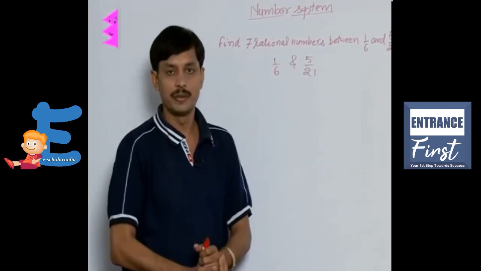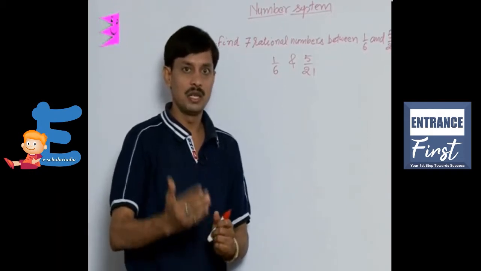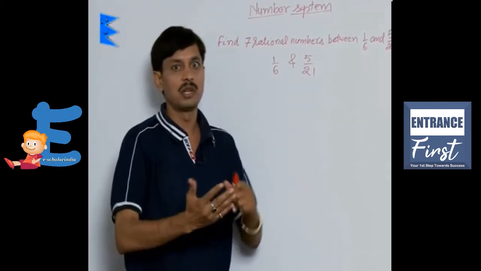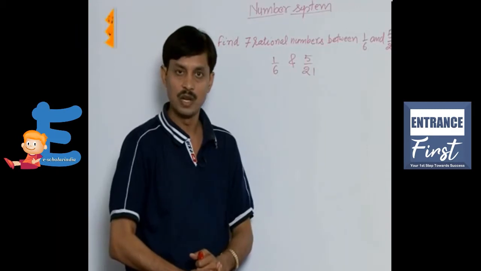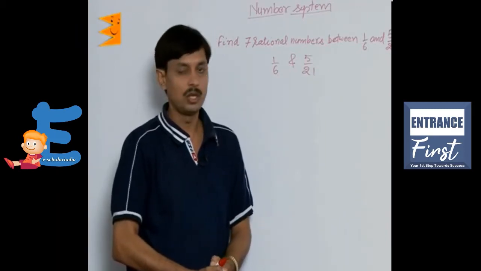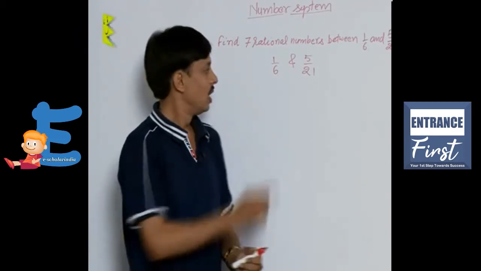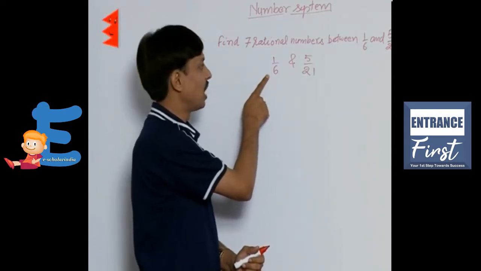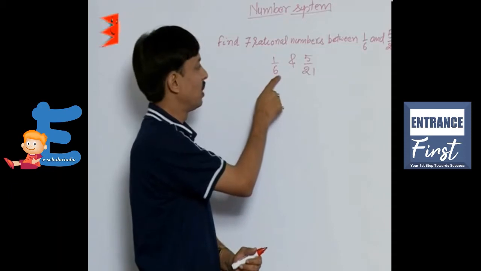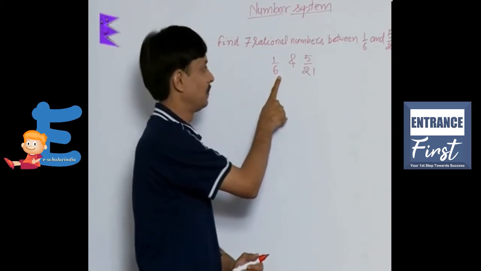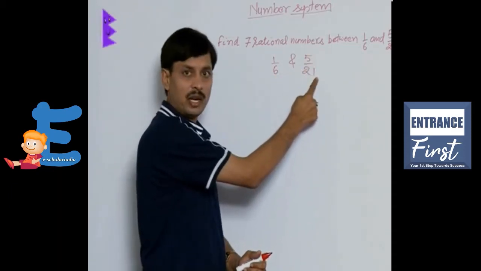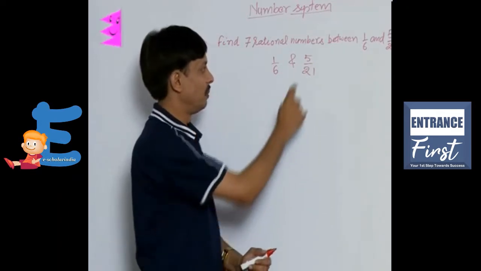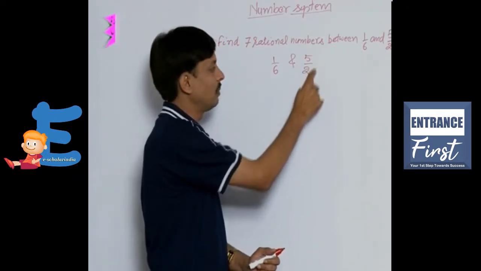But before that, as you know, rational numbers are numbers in the form of P by Q, where P and Q are co-prime, Q is not equal to 0. P by Q, 1 by 6, P and Q both are integers having no common factor. So the first one is clearly rational. 5 by 21 is also rational, because P by Q, P is 5, Q is 21.